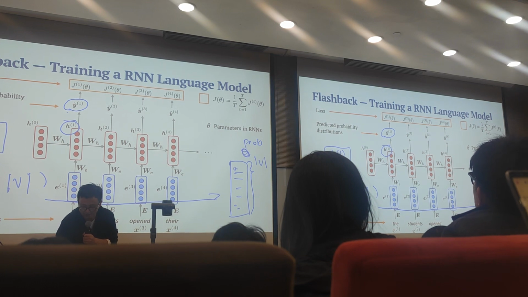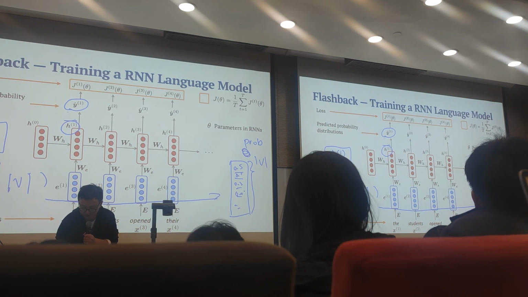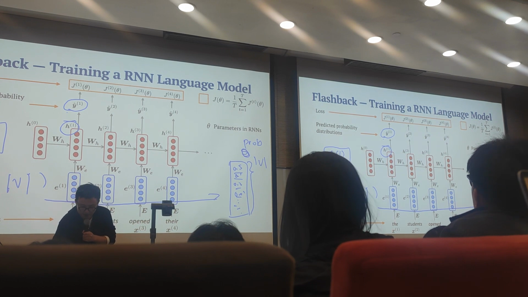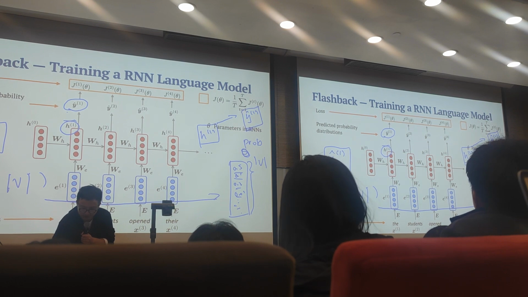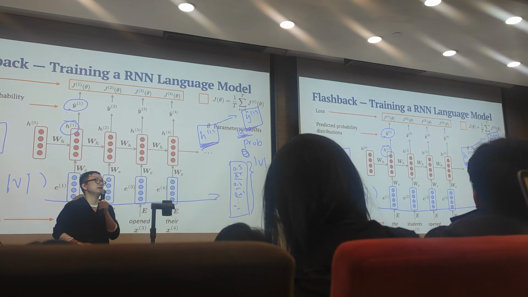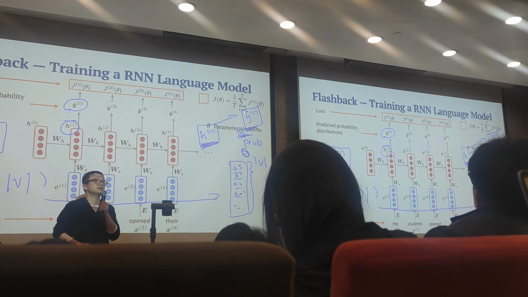Then you should have like 0.5 for the first word and so on. So at the end of the day, from this H1 you want to get out a vector, let's call it Y1 hat, and the dimensionality of this vector is the vocabulary size.